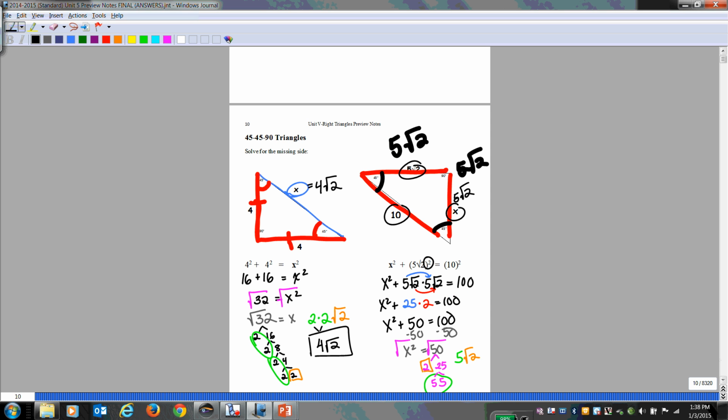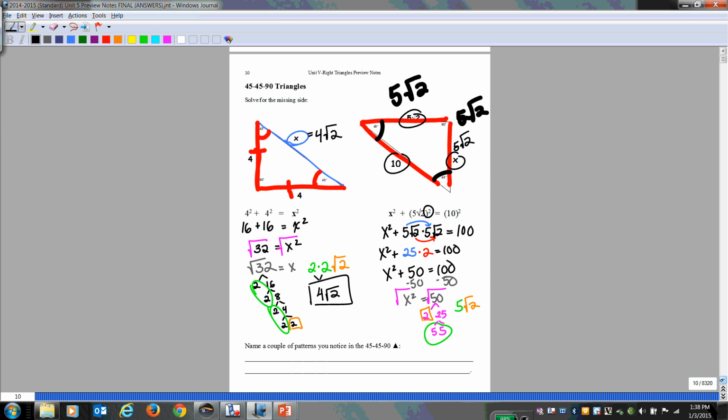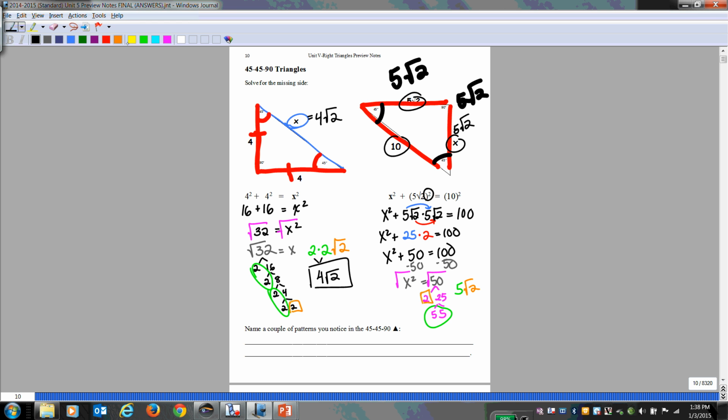What I'd like you to do is, what kind of observations can you make about both of these? What kind of patterns can you spot? I'd like you to take about 30 seconds here, or a minute, and write down whatever observations you can make. You're going to do this completely on your own. I'm not going to fill that in for you.